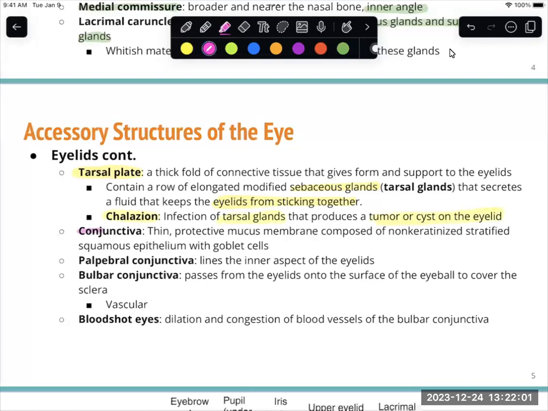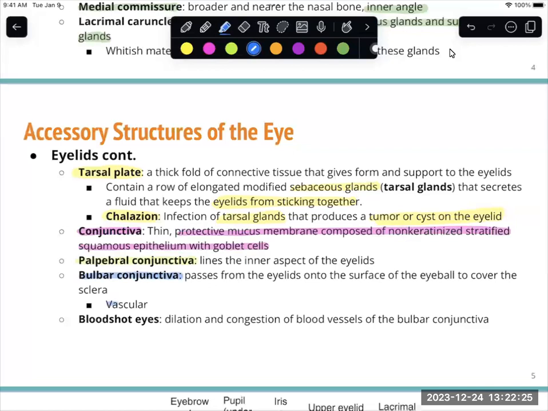Conjunctiva. The conjunctiva is a protective membrane. It's that non-keratinized stratified squamous epithelium, and then there's goblet cells in there. So we have a palpebral conjunctiva and a bulbar conjunctiva.